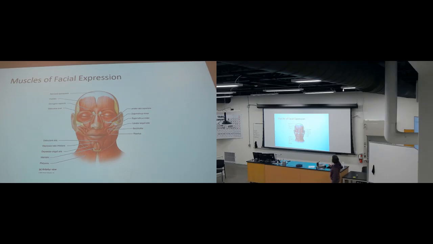And then here we have levator labii superioris, then zygomaticus minor and major, and then this is the risorius here, depressor anguli oris, depressor labii inferioris, mentalis, and platysma.